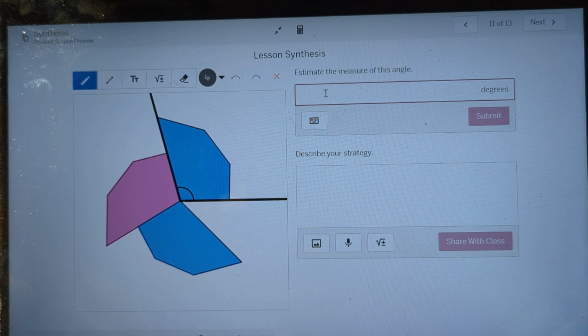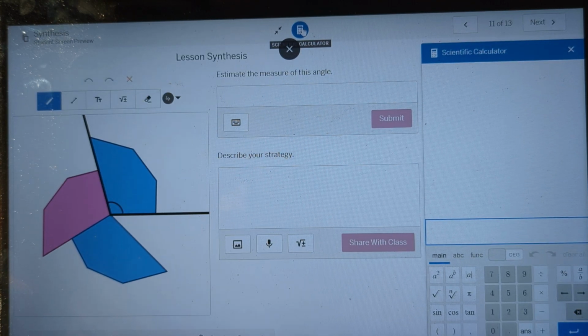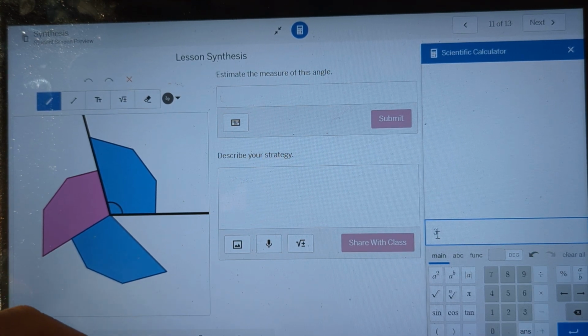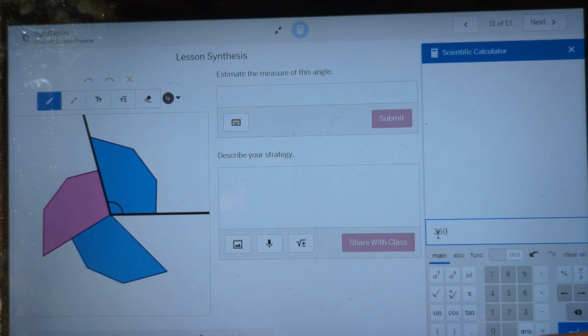So let's use our calculator. Okay. So let's try some degrees. We know it's 100. If we take 360 and divide it by 3, it's going to be 120. And that's 3.